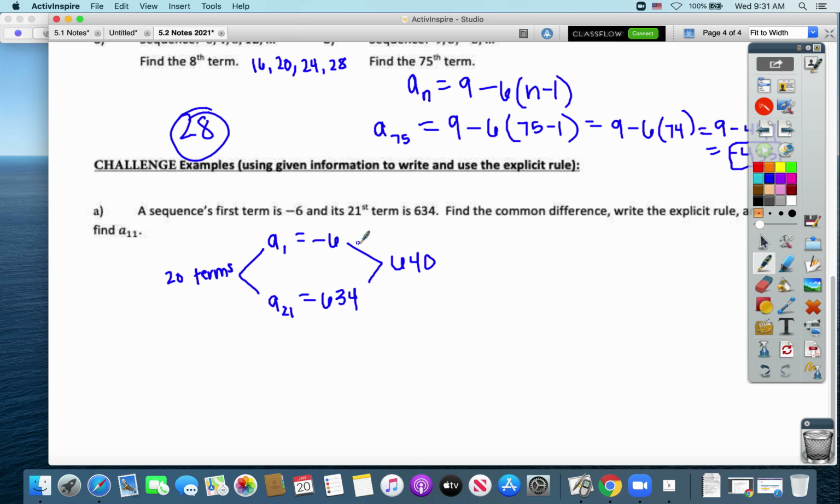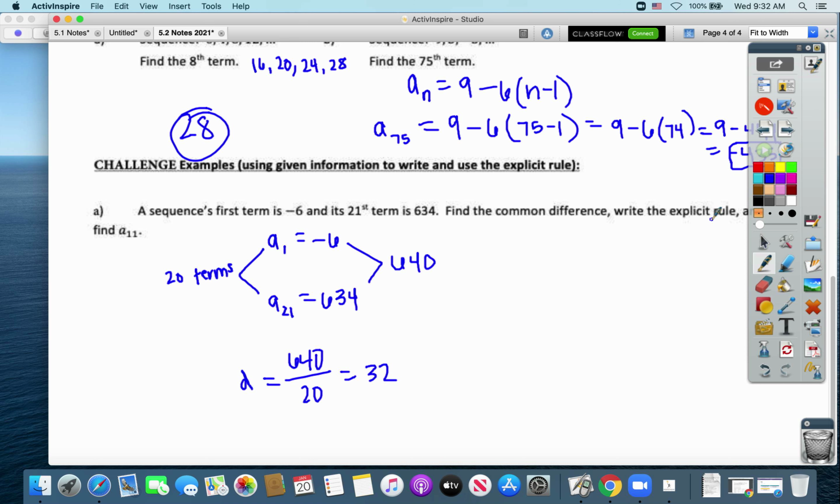So if we go up 640 over 20 terms, 640 over 20 is going to tell us how much we go up each term. So 640 divided by 20 is 32, and that is our common difference D.